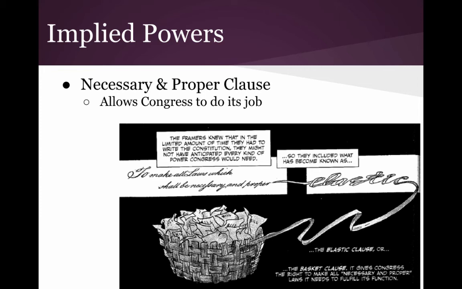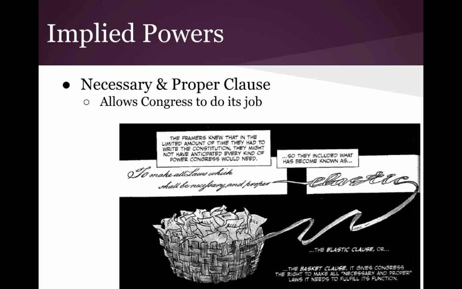But what Congress has done, through the Elastic Clause, through the Necessary and Proper Clause, is expand those powers by giving them flesh, by asking: how do we raise an army? How can we use the Commerce Clause? How can we use these powers given to us by the framers to effectively do our job?